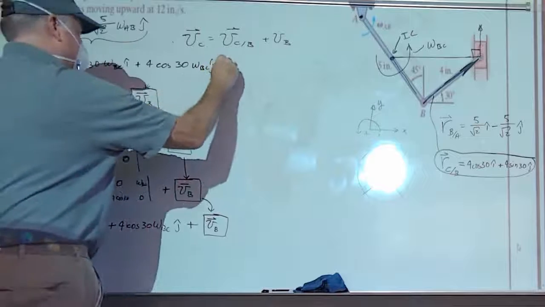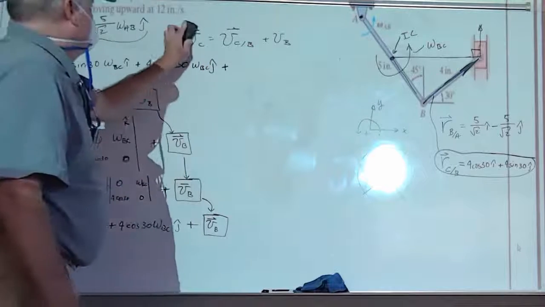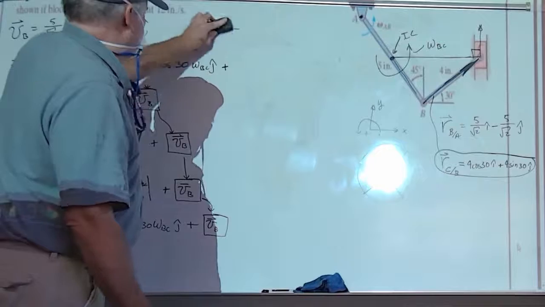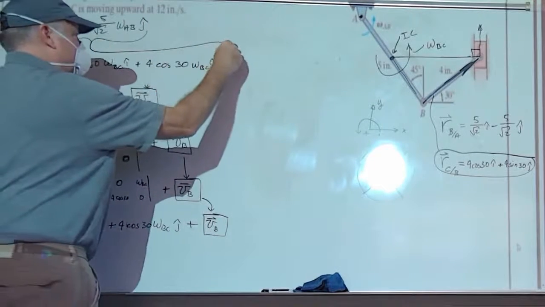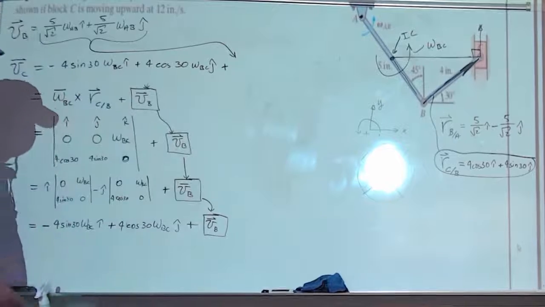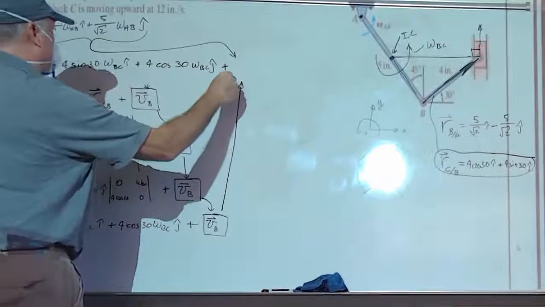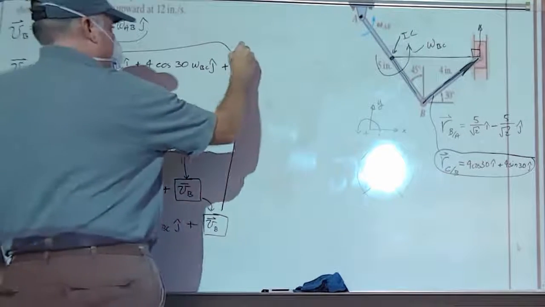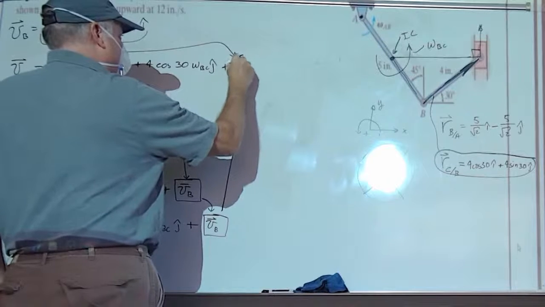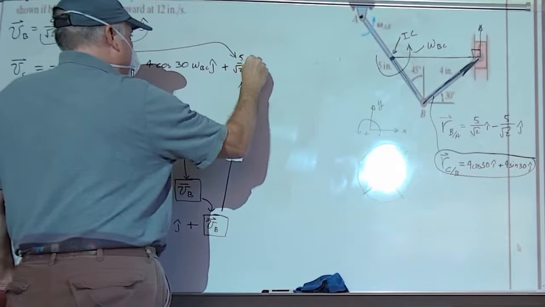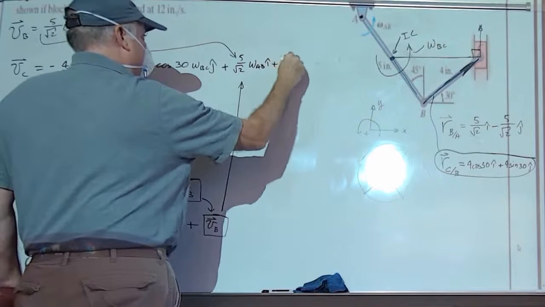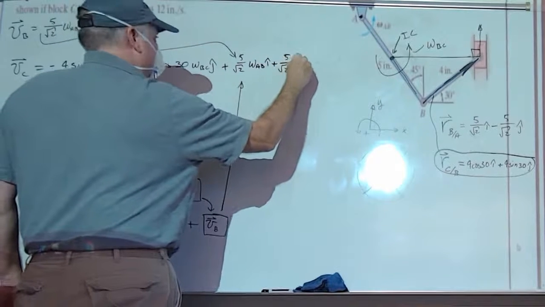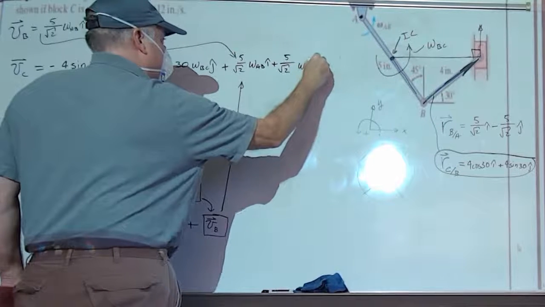And then plus, now I'm going to include this. So this gets copied up here: 5 over square root of 2 omega AB i plus 5 over square root of 2 omega AB j.